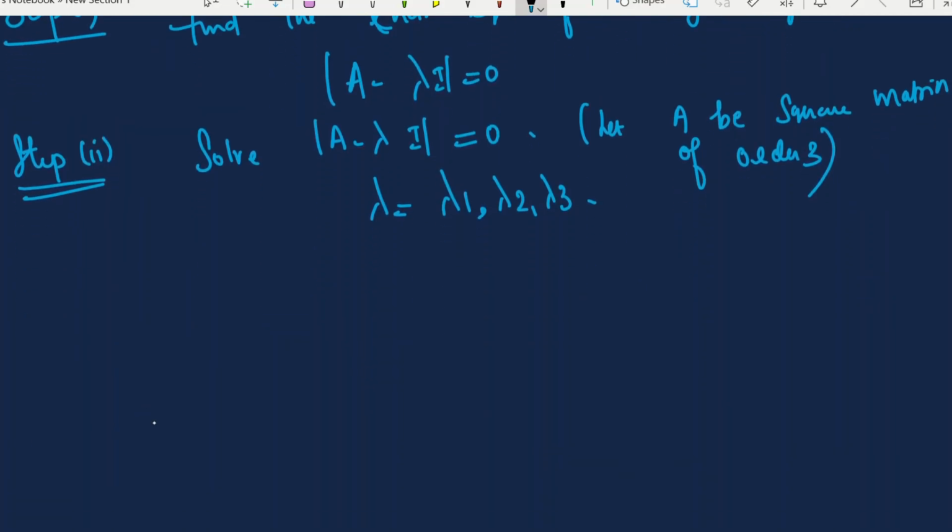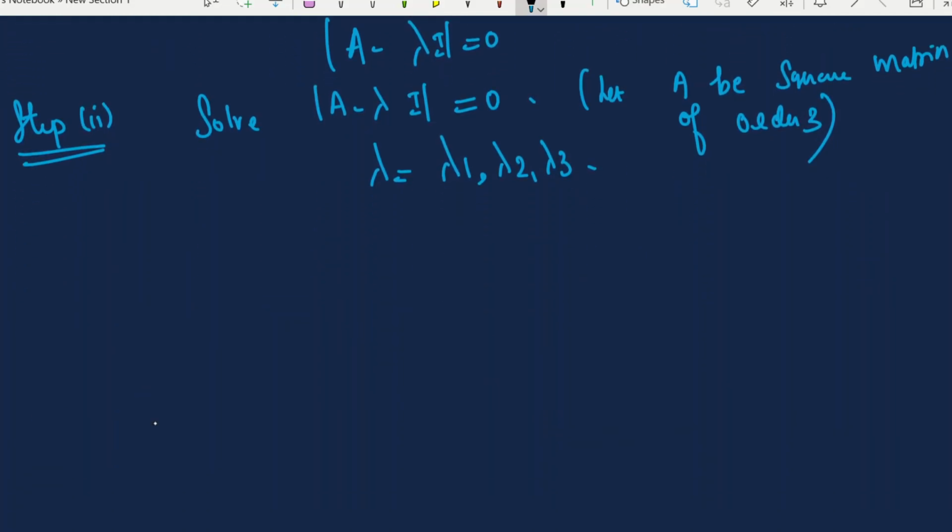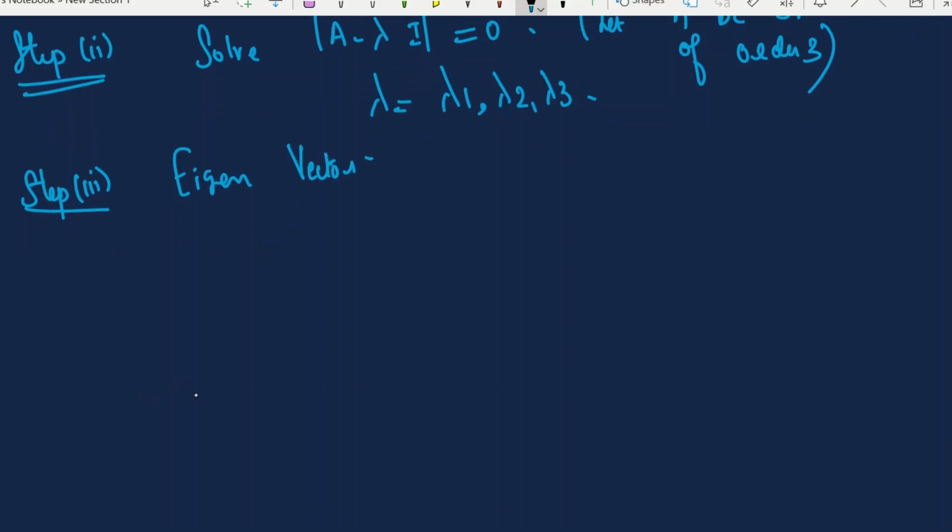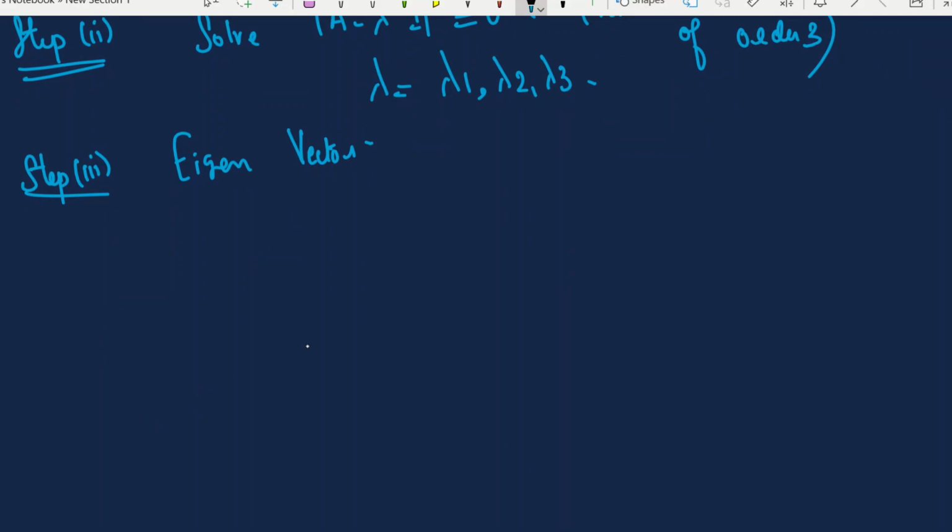Next, step 3 is the eigenvector. To find the eigenvector, we have certain cases, based on the eigenvalues.